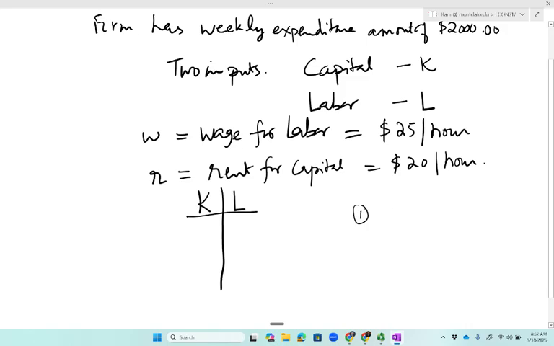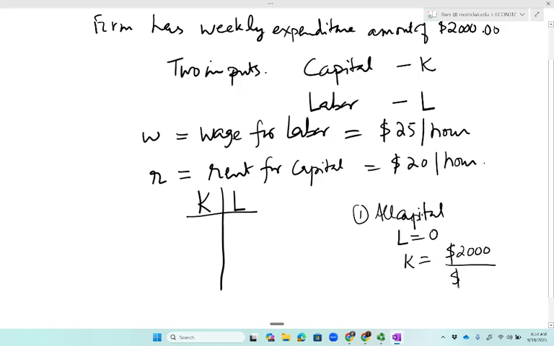So suppose the firm says, I want to have all capital. Entire $2,000 is spent on hiring capital, no labor. So L is 0. Capital would turn out to be, the firm has $2,000 to spend.